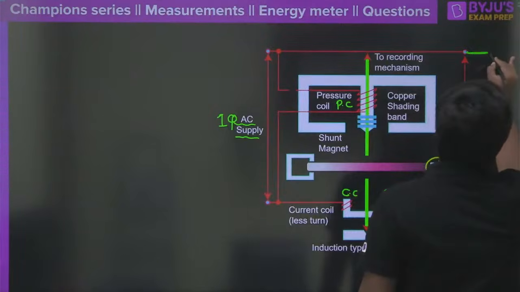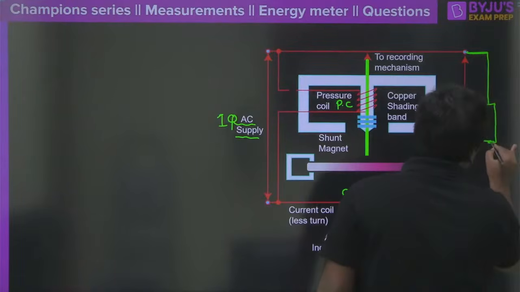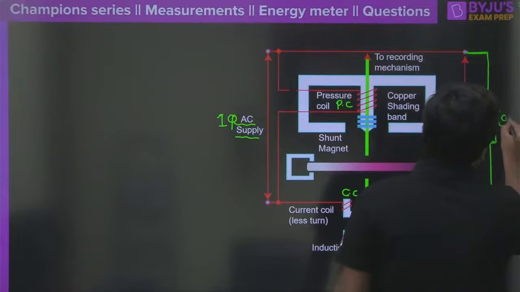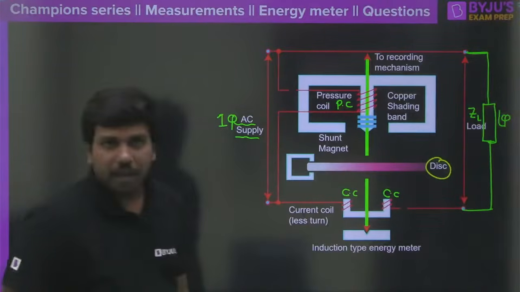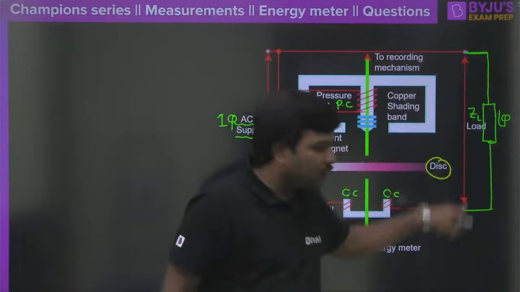Let me write it down clearly here. Let us take this as the load, or we can even take this as ZL, that means load impedance, and assume that it may have some phase angle. All put together, we have a load connected between these two terminals.